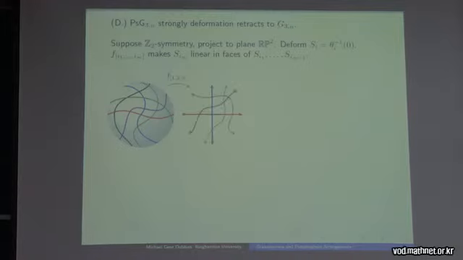So first I project, and here let's say black is 1 and blue is 2 and red is 3. Then I make the blue and the red straight lines, and I send black to infinity for my projection.